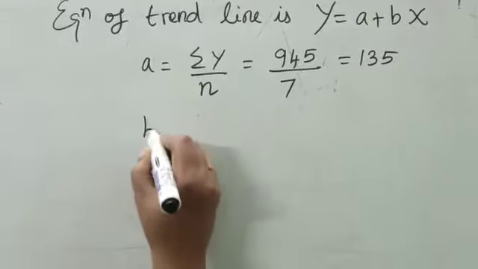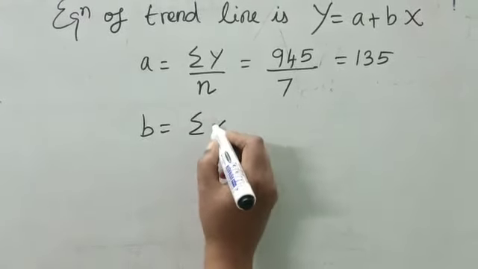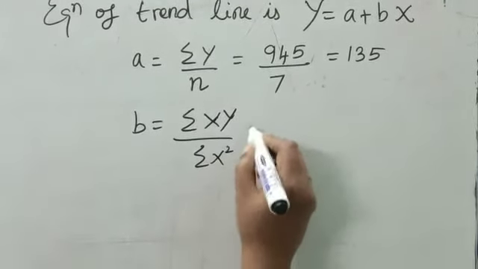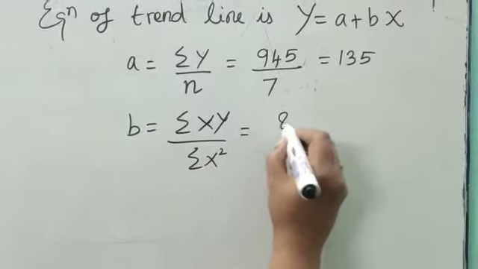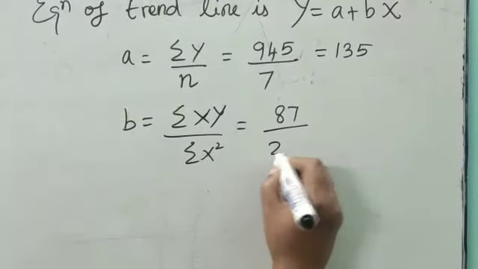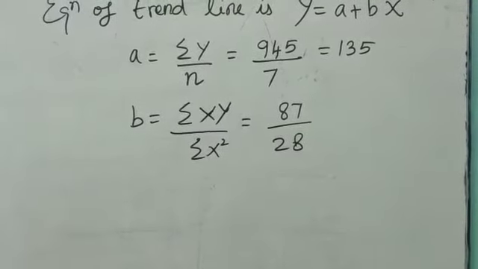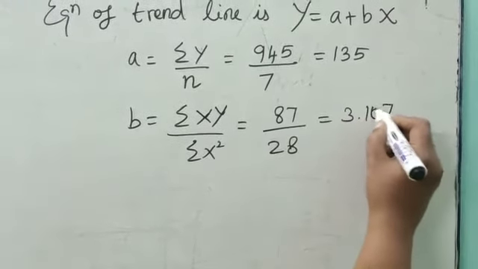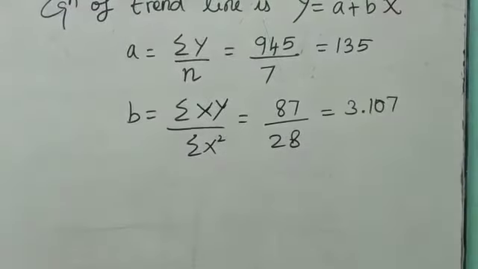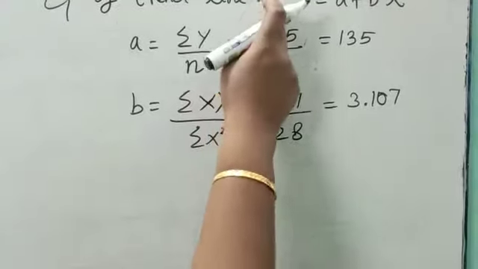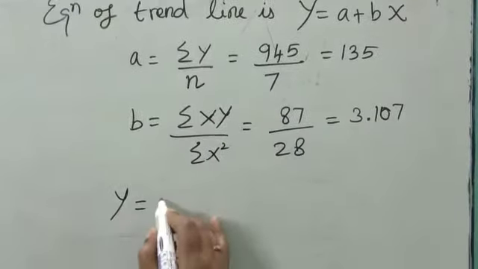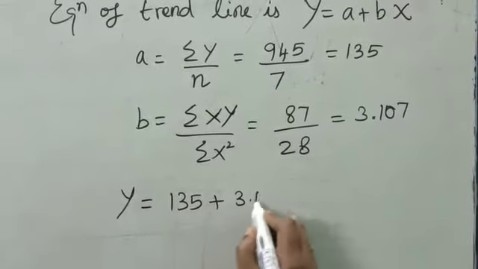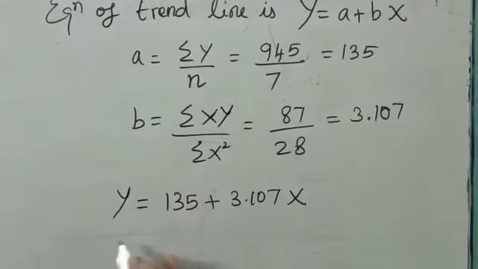Next, b equal to sigma xy divided by sigma x square. Sigma xy is 87 and sigma x square is 28. 87 by 28 equals 3.107. Substituting in the trend line, y equal to a plus bx, b is 3.107 capital X.